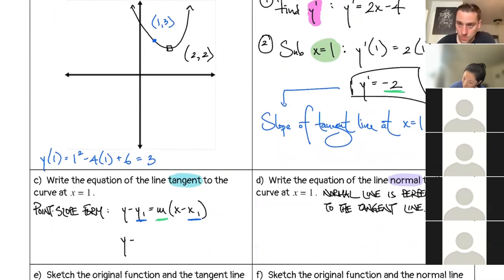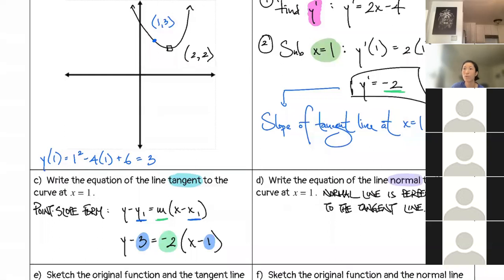Y minus 3, because that's the y1 value, equals, instead of m, I'm going to put -2 and then x minus 1. So we've got our x1 and our y1, and then we've got our first derivative telling us what that slope is. Exactly. Y minus 3 equals -2 parentheses x minus 1.